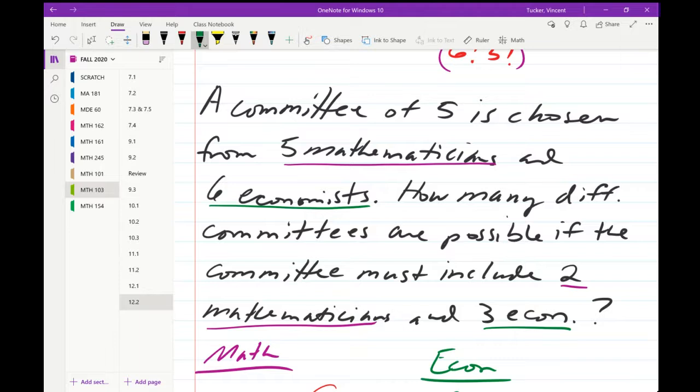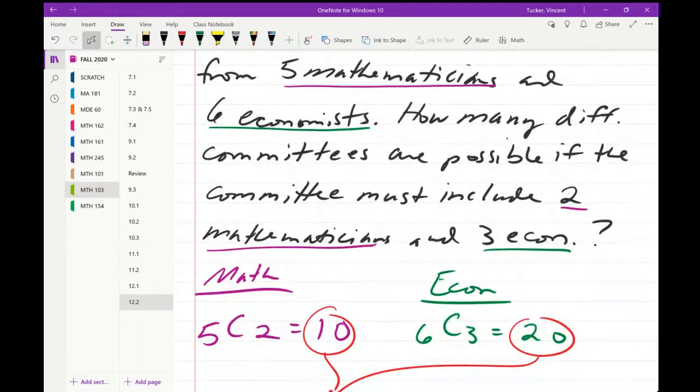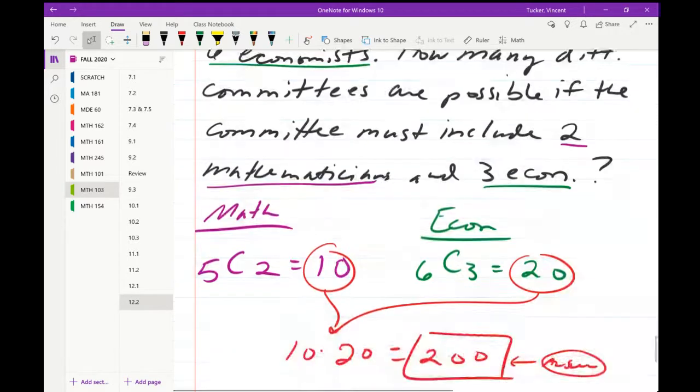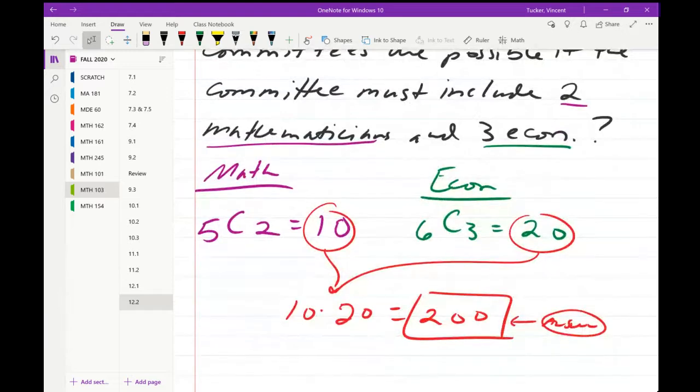So we'll find the combinations of each one individually. I need 2 to come out of that 5, so that's 5C2. Throw that in the calculator and you'll get 10. Then I need 3 to come out of that 6, so 6C3 will be 20. Once you find those values, multiply them together and you'll get 200.